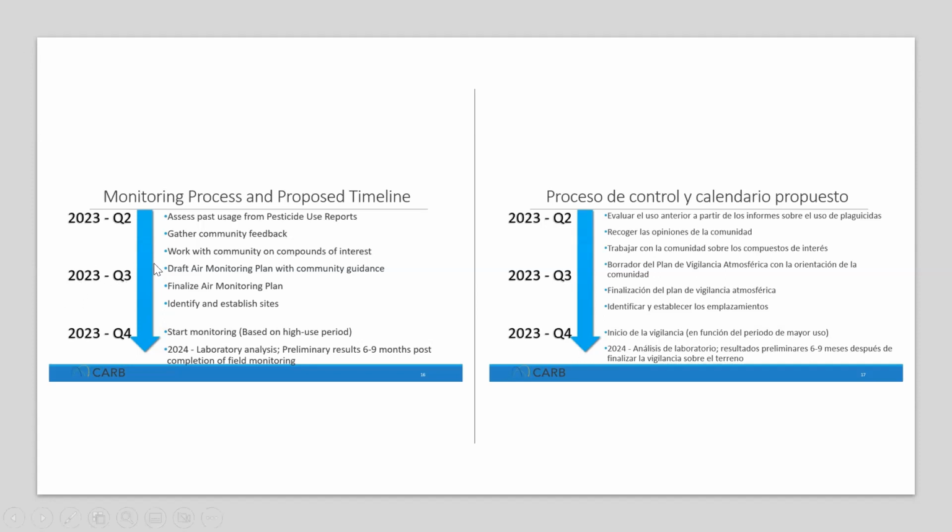So we're at bullet 2 right now, between 2 and 3. We're hoping to finish some of these other items towards the end of Q3. Then, based on high use seasons of the pesticides, we're planning to start monitoring towards the end of this year. And in 2024, the laboratory analysis and data hopefully would be available.